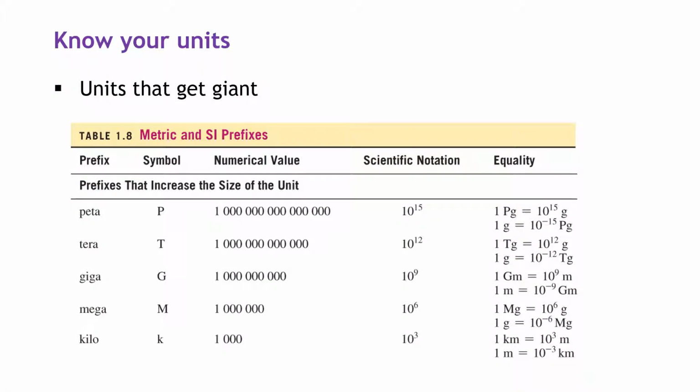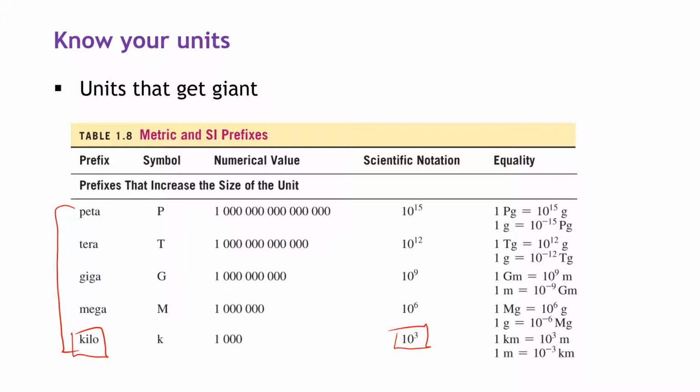Now we also have prefixes that make our units get giant. I'm not going to spend a lot of time on this because the principle is exactly the same. If we have a prefix like kilo, instead of decreasing the size of the unit, it's going to increase the size of the unit.